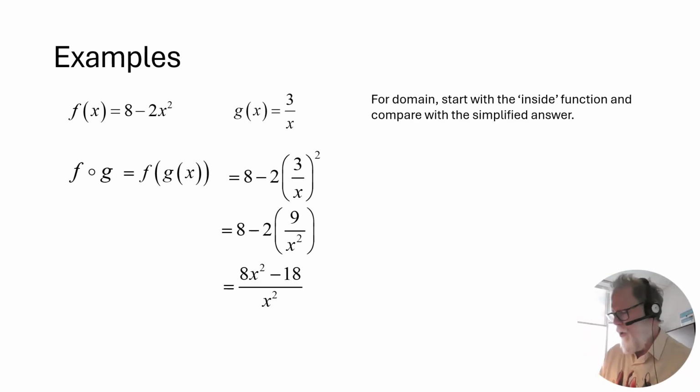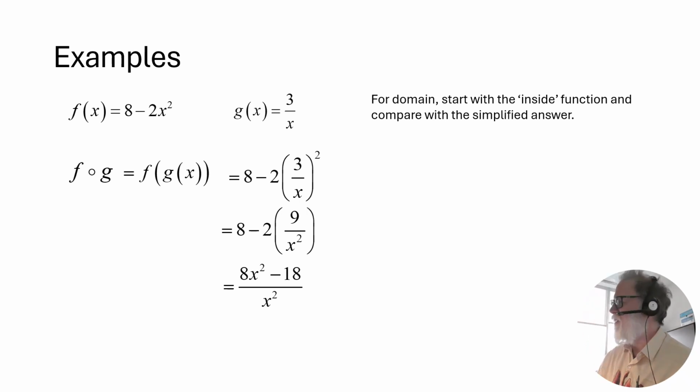Domain. So a new kind of rule for domain. We are never going to look at the f or outside function. You see from my examples, I do it forward, reverse. So it's always the outside one, or the one on the left. That doesn't matter when we're determining domain. You look at the inside and then follow it all the way down to the final answer and compare those two.